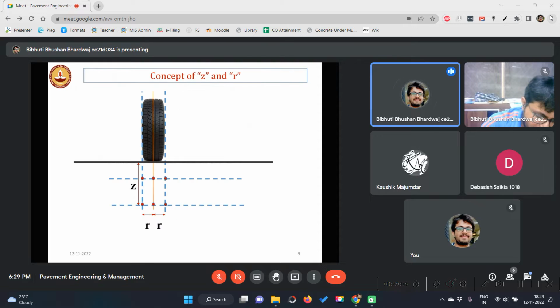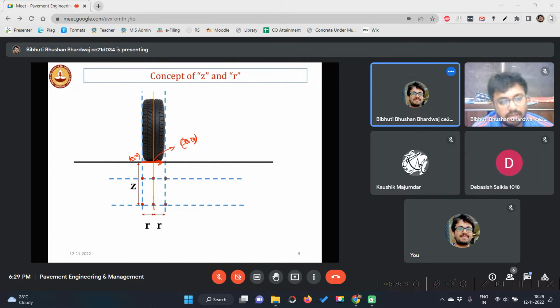Anyway, if you remember from the KENPAVE classes, there we considered this as 0, 0 coordinate, and in whatever direction we go, we measure this r from here, the radial distance. In the manual method, the center line is considered 0, 0.